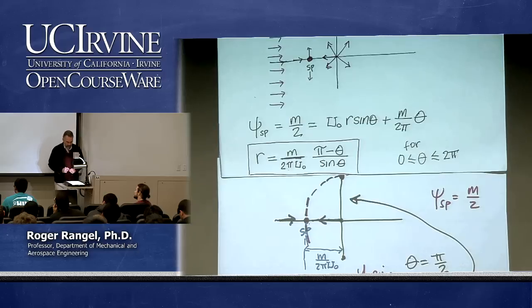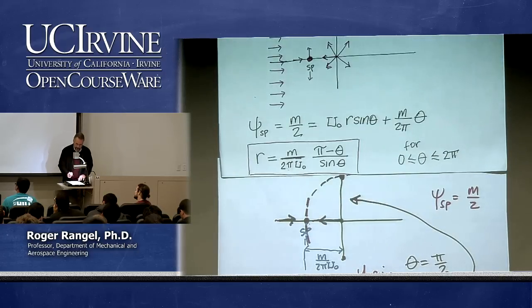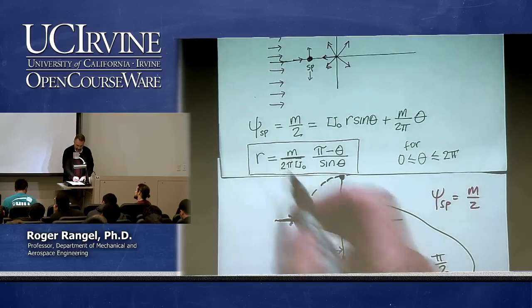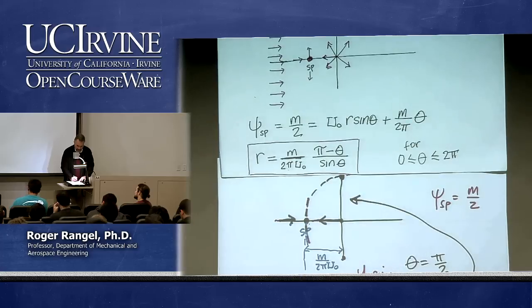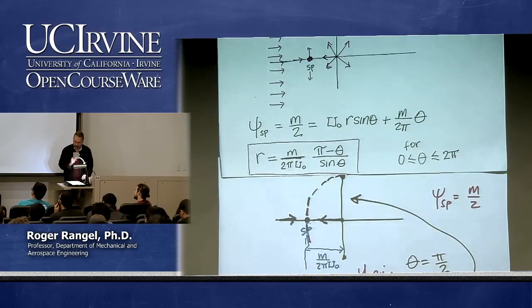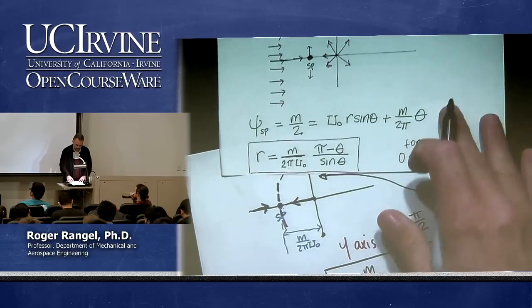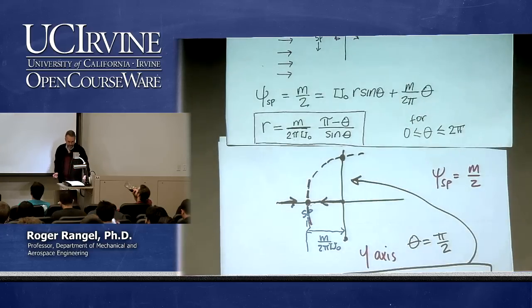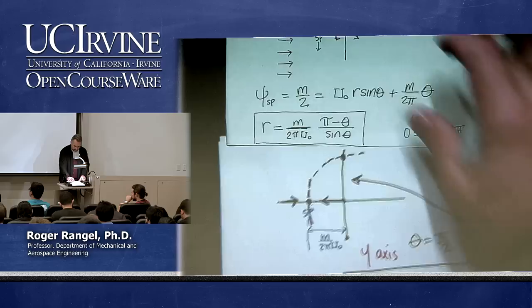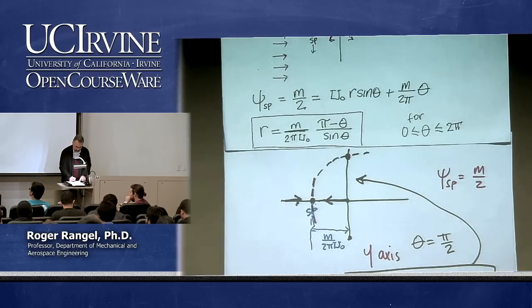Let's put it in terms of y. Let's take this very same expression, but instead of writing r, remember r is y over sine theta, because y is r sine theta. So I'm going to leave the rest the same: m over 2 pi u naught, times pi minus theta over sine theta.